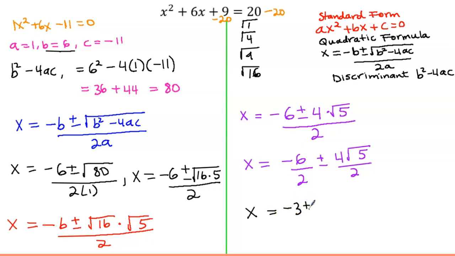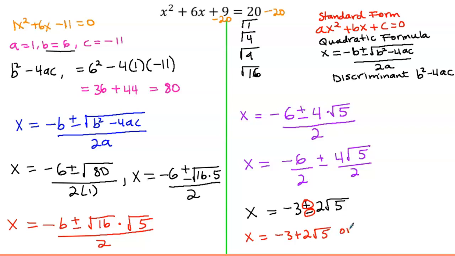Okay, so you realize that negative 6 divided by 2 is negative 3. You bring your plus or minus. 2 can go here, so 4 divided by 2 is 2, so 2 here, root 5. So we are almost done. We are going to split, you see the plus and the minus. So first of all, when we consider the plus, we are going to get x equals negative 3 plus 2 root 5.